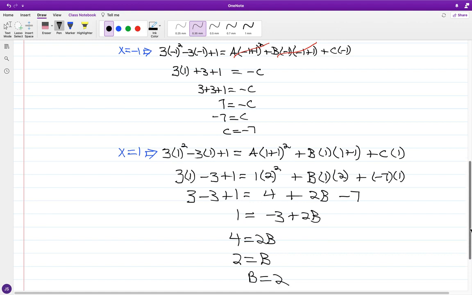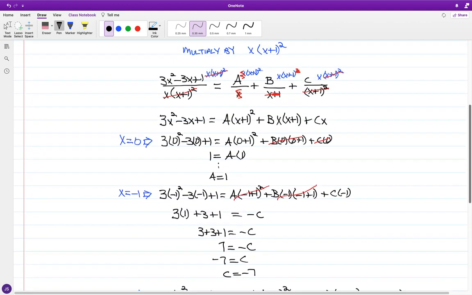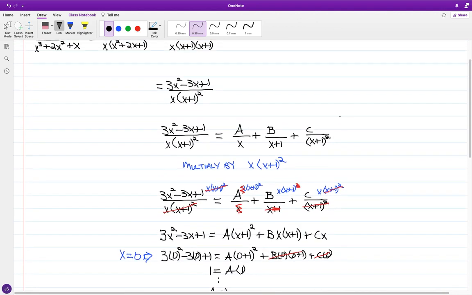So just looking at what we have here, we have a at 1, b at 2, and c at negative 7. So for the partial fraction decomposition, we have 1 over x plus 2 over x plus 1 minus 7 over the square of x plus 1.